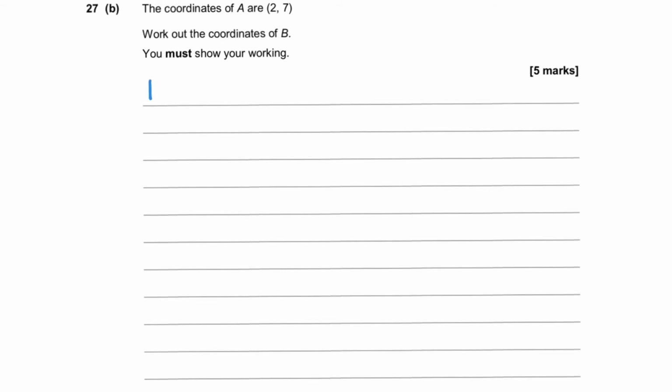So we know that 10x squared plus 6px plus p squared minus 53 is equal to 0. But now we have an x value from our A coordinate, so we can put 2 into this equation to help us find p.